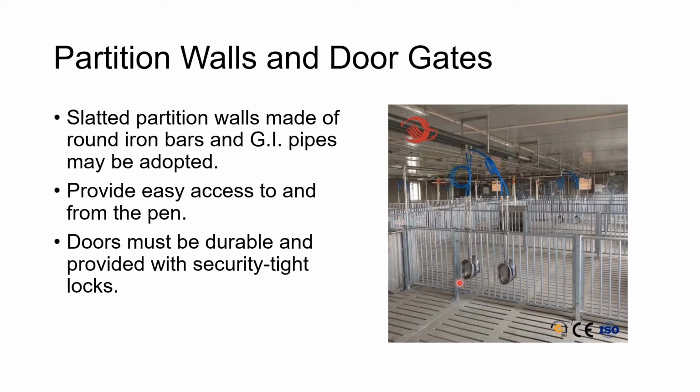Now, the other function of this is to prevent the boars, especially the big boars, from fighting with each other, since we know that boars have high testosterone and may be aggressive.